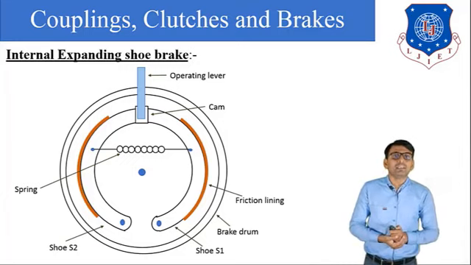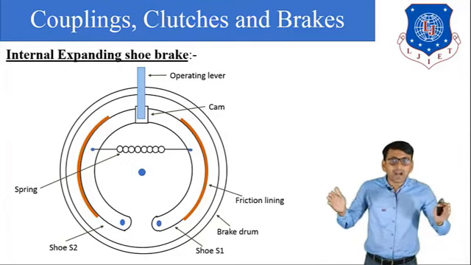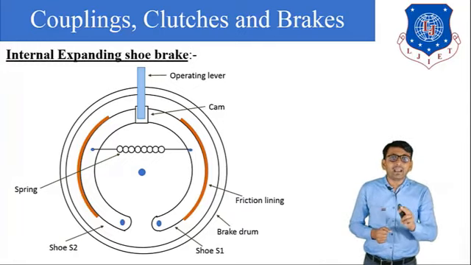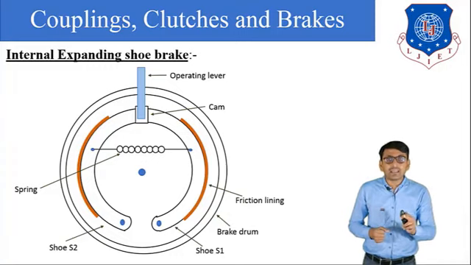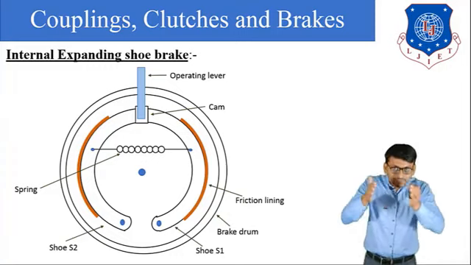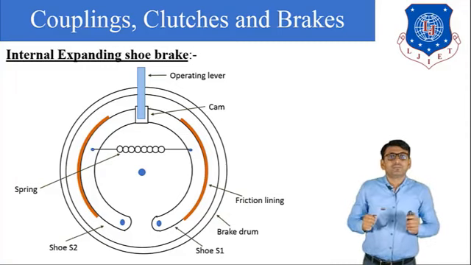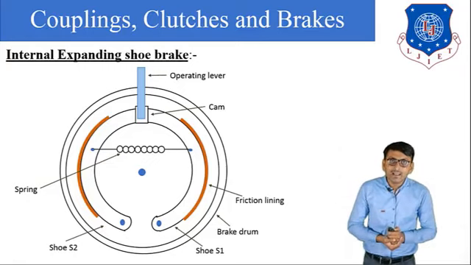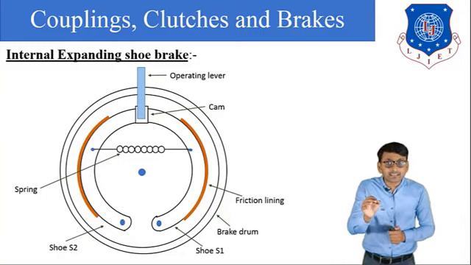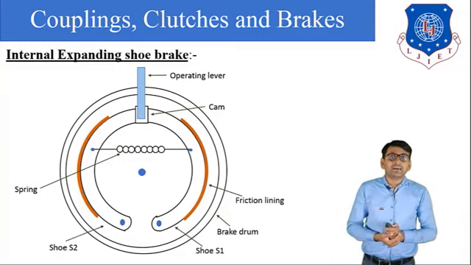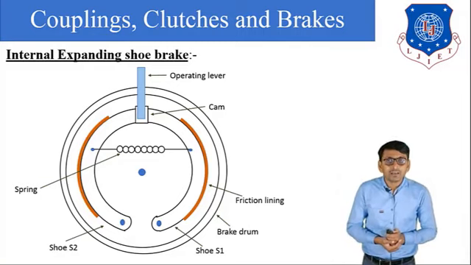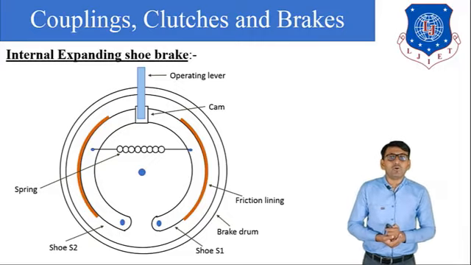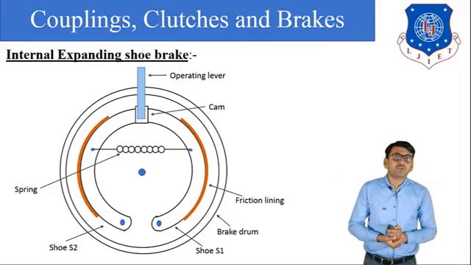Due to movement of the lever, the spring expands and there is a connection between the friction lining and the brake drum, because shoes S1 and S2 expand and move outward due to spring expansion. Due to this connection, friction is produced and the rotation of the brake drum stops. So the brake is applied. This is about the internal expanding shoe brake.